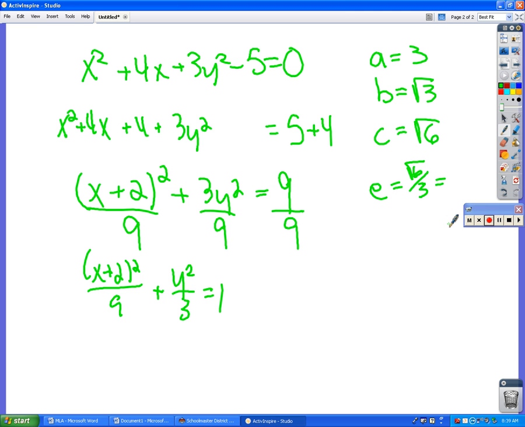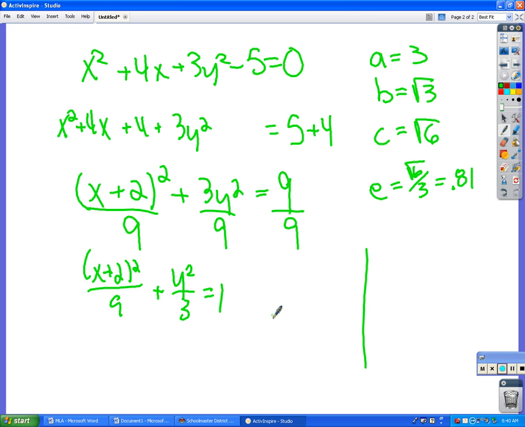Can somebody give me that decimal on the calculator? 0.81. Okay, so since 0.81 is pretty close to 1, that means this is a fairly stretched out ellipse.